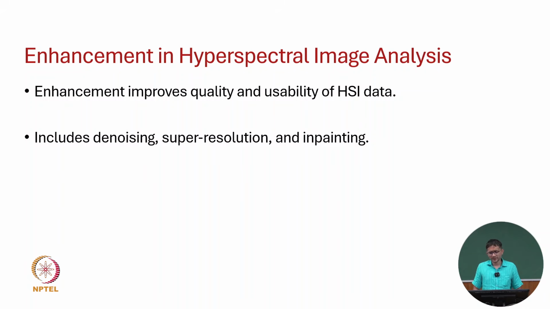Let's say one possibility is that you take Sentinel-2, you take Planet images of 3 meters per pixel, and you try to train a network that somehow transcodes the Sentinel-2 10 meter to 3 meter per pixel resolution.